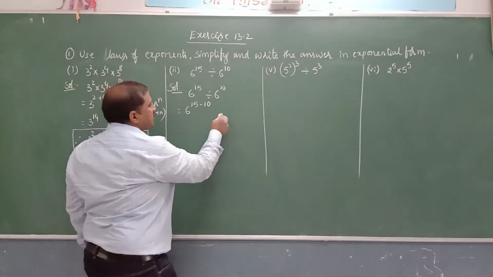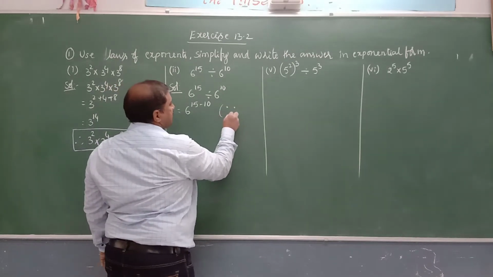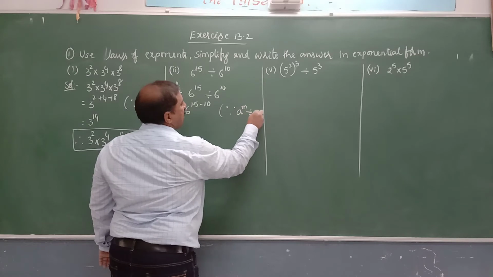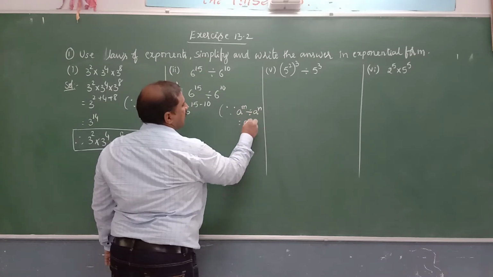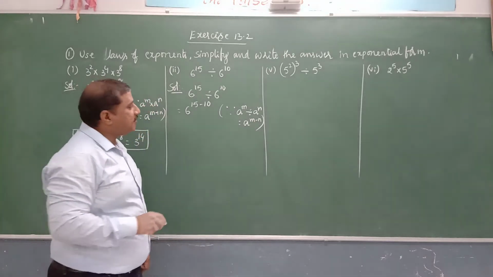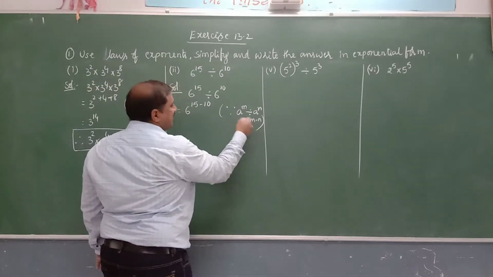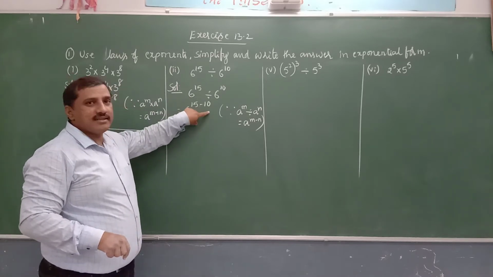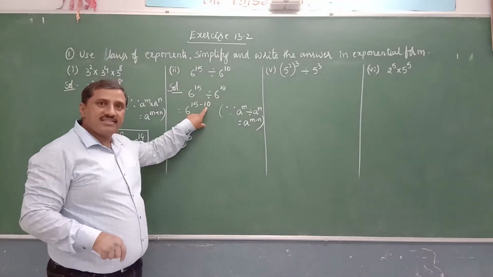Which law are we using here? This is the symbol for division. A to the power of m divided by a to the power of n is equal to a to the power of m minus n. Using this law, we write this as 6 to the power of 15 minus 10. 15 minus 10 is how much?